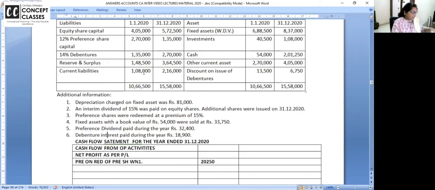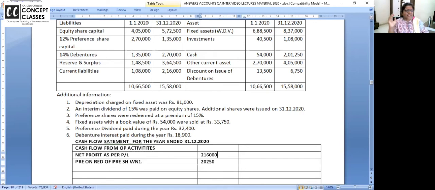Now reserves and surplus are 148 and now they are 364. Can I say the increase in reserves must be net profit added? From 1st January to 31st December, if reserves are increasing, and nothing is given separately for P&L or general reserve, can I say, pick up your calculators, 364,500 minus 148,500, the increase is the net profit, 2,16,000.